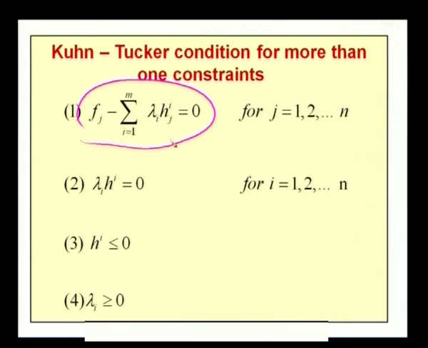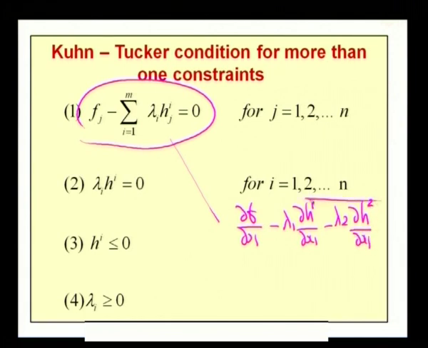Suppose our problem involves 2 variables x1 and x2 and 2 constraints h1 and h2, then the first condition is dou f by dou x1 minus lambda1 into dou h1 by dou x1 minus lambda2 into dou h2 by dou x1.